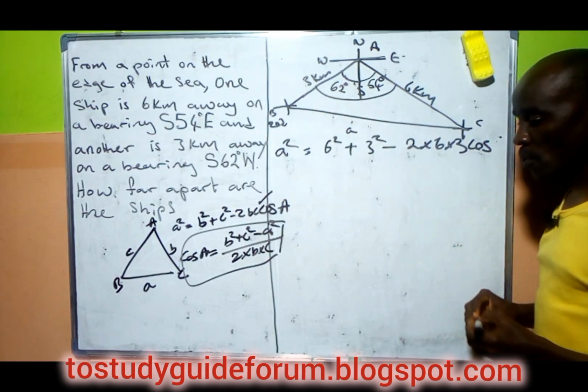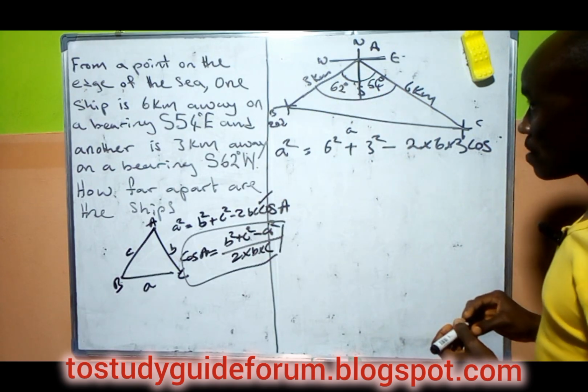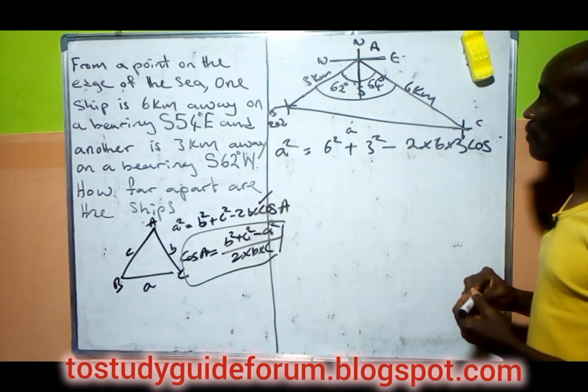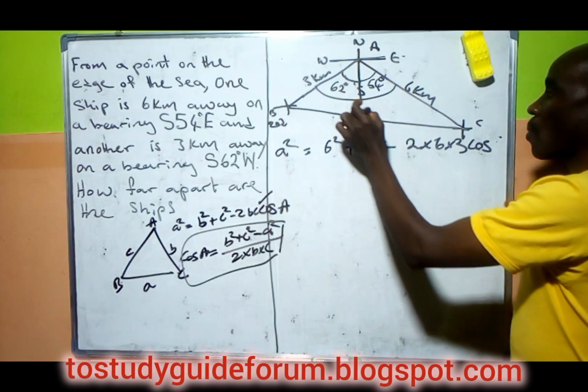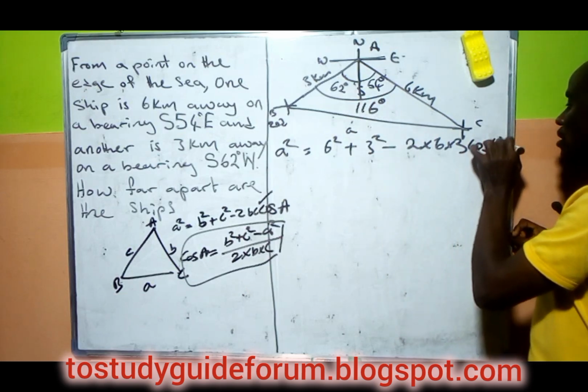We sum these together. If we sum 54 plus 62, what we have will be 116 degree. So what we have here is 116 degree.